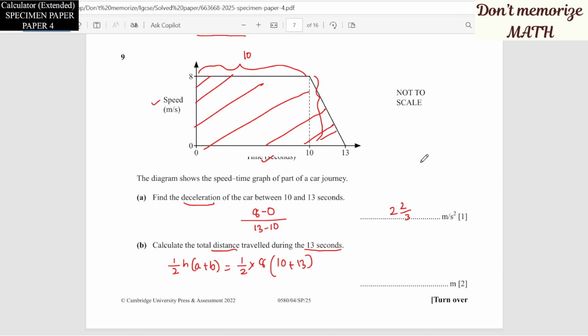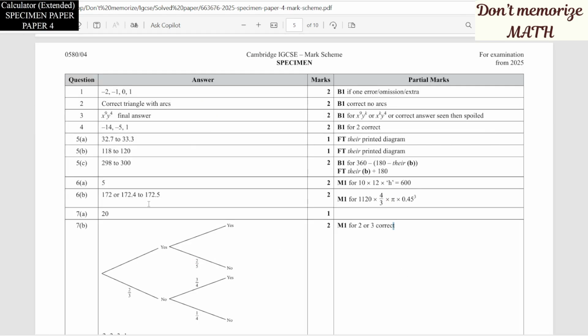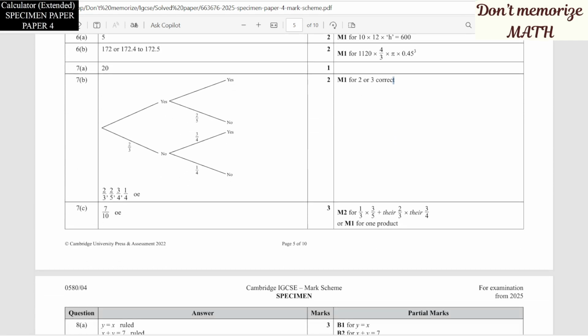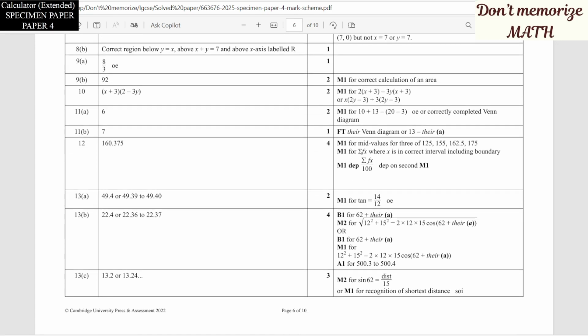So use your calculator: 1 over 2 times 8, put a multiplication sign, in bracket 10 plus 13. So you will get 92. So the answer is 92 meters. Check the marking scheme.